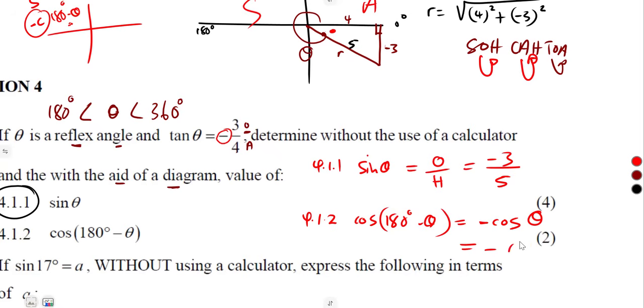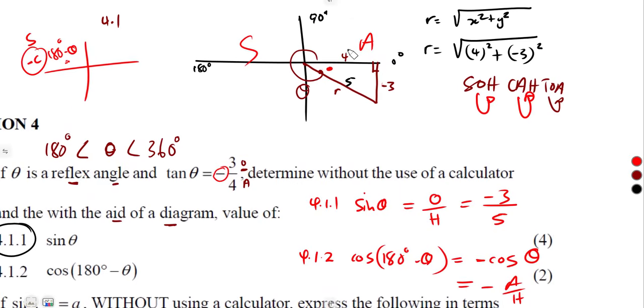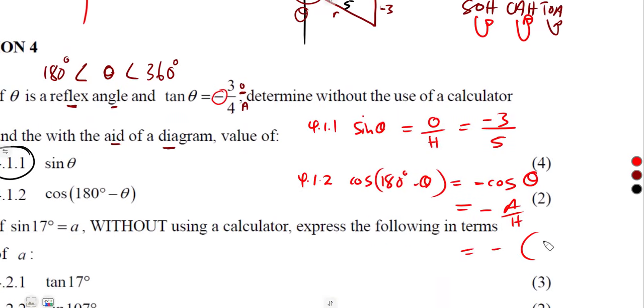Adjacent over hypotenuse. So you're going to need negative cos adjacent. Our adjacent is 4. Our hypotenuse is 5. So that's 4 over 5, which is going to give us negative 4 over 5 at the end. So that is how we can play around with this. All right, you are done.